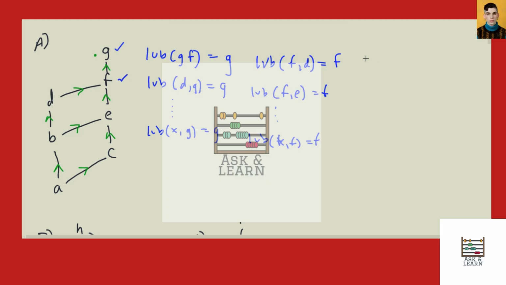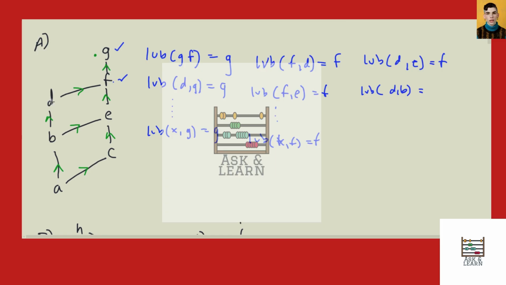Now what about D over here? Let's do the lowest upper bound of D with E. For these, we have upper bounds in F and G, but the lowest of those would be F. Now, what about the lowest upper bound of D and B?